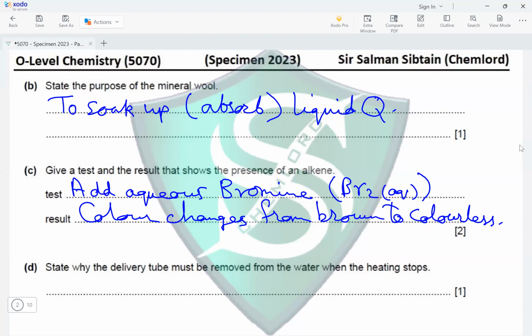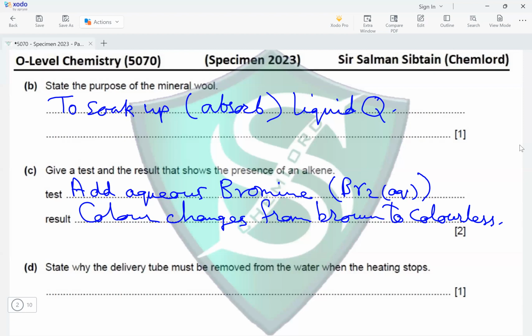And because of the difference in pressure, when the apparatus cools, the liquid is taken up into the glass apparatus. Now, this is dangerous because the glass apparatus is still hot and the liquid is relatively cooler. So, this liquid might be able to crack the heated glass apparatus. So, this should not happen.